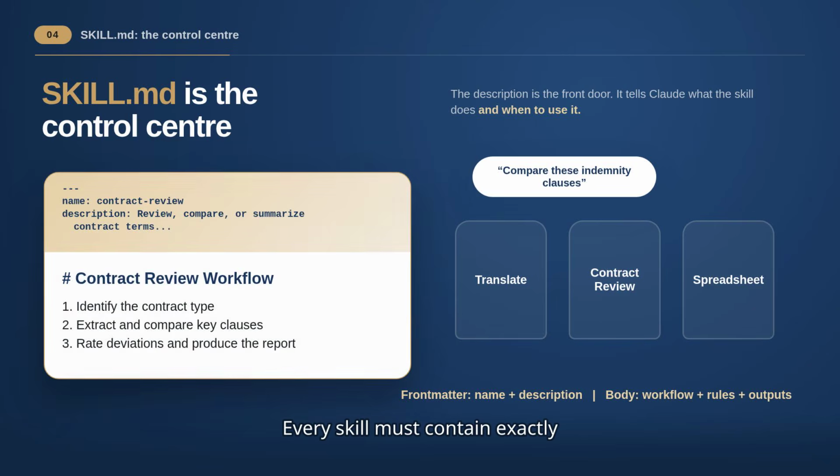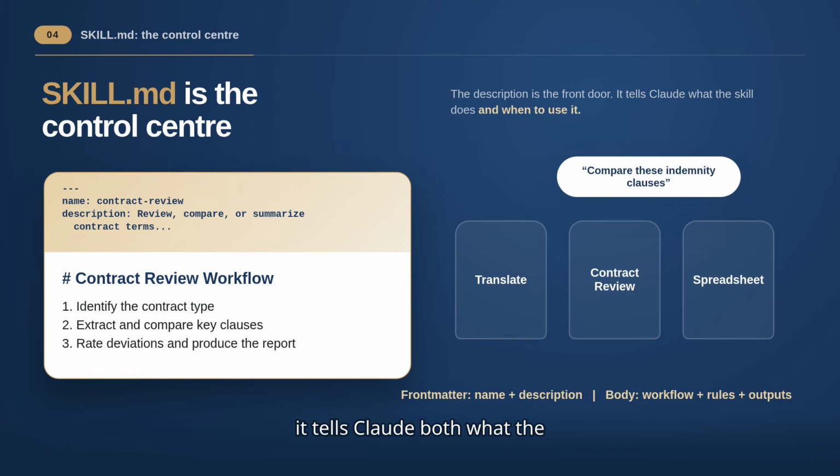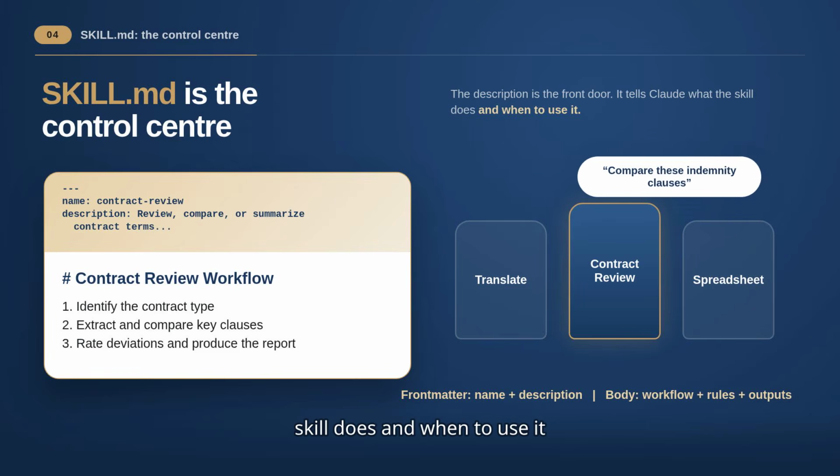Every skill must contain exactly one file named skill.md. It has 2 parts. At the top is YAML front matter, short metadata between 3 dash markers. The required name identifies the skill. The required description is especially important because it tells Claude both what the skill does and when to use it. In effect, the description is the front door.